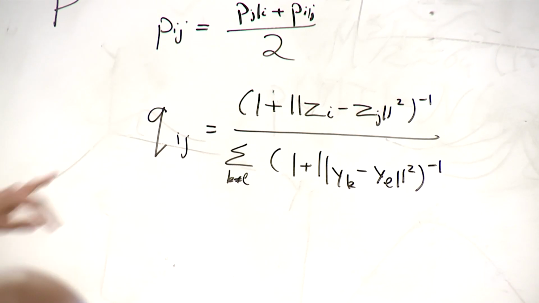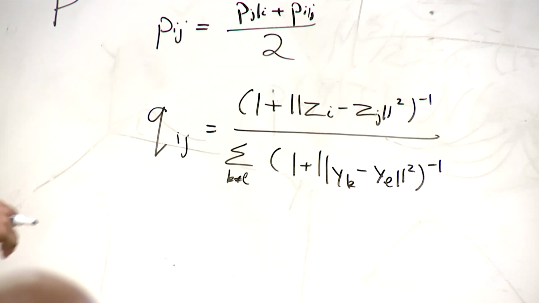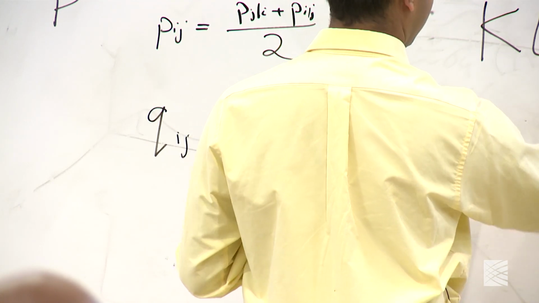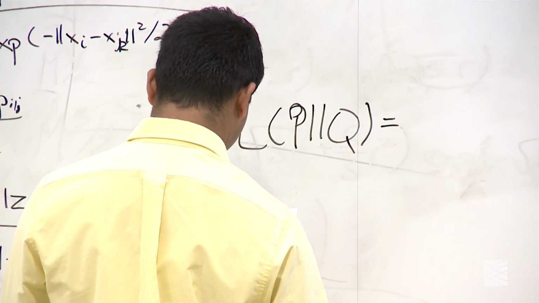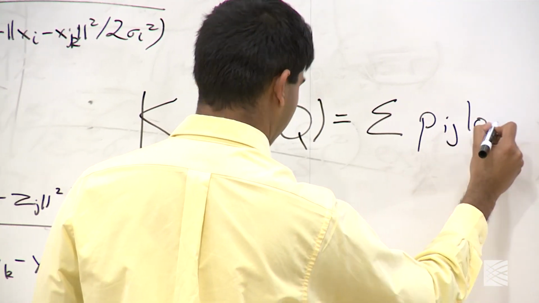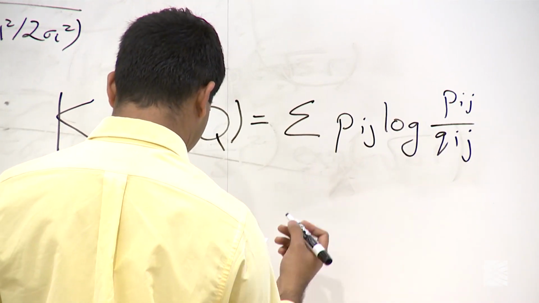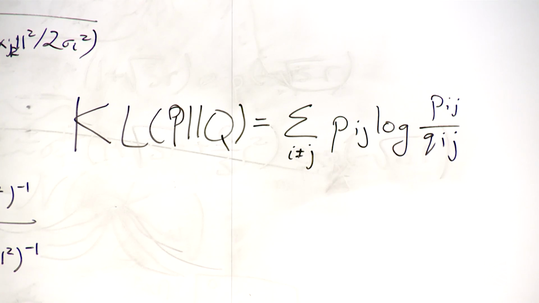So here the kernel is this Cauchy distribution, or 1 degree of freedom t distribution, in latent space. And then they try to minimize the KL divergence between the two overall. And they set everything on the diagonals to 0, so you're not worrying about the self-similarity, right?